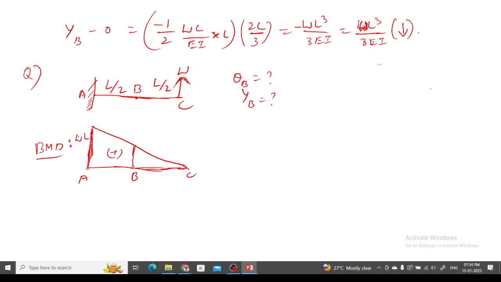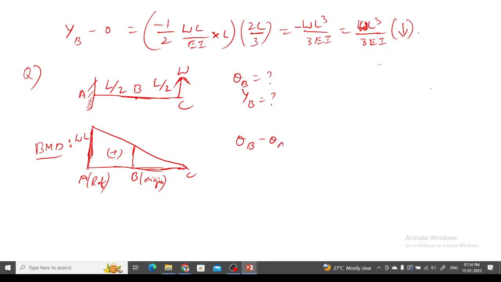So which is the origin point you will take? B. Yes, B is origin. And what is the reference point here? A. Yes. So how will you actually find theta B?